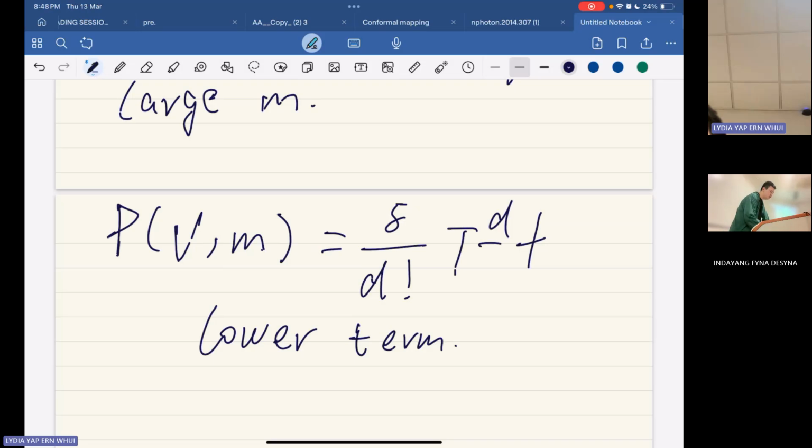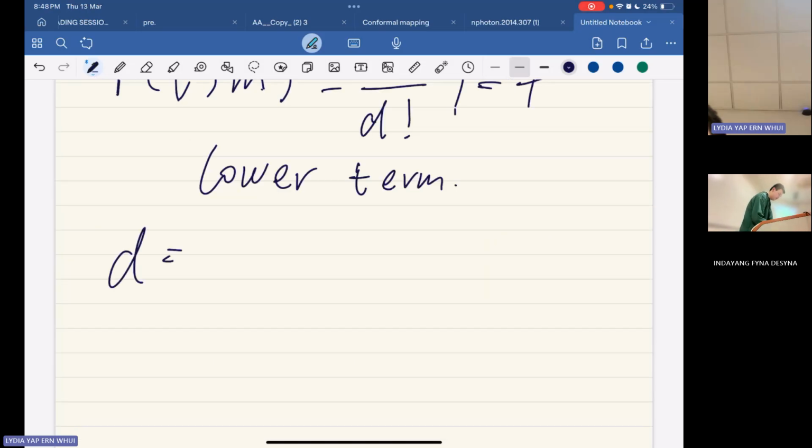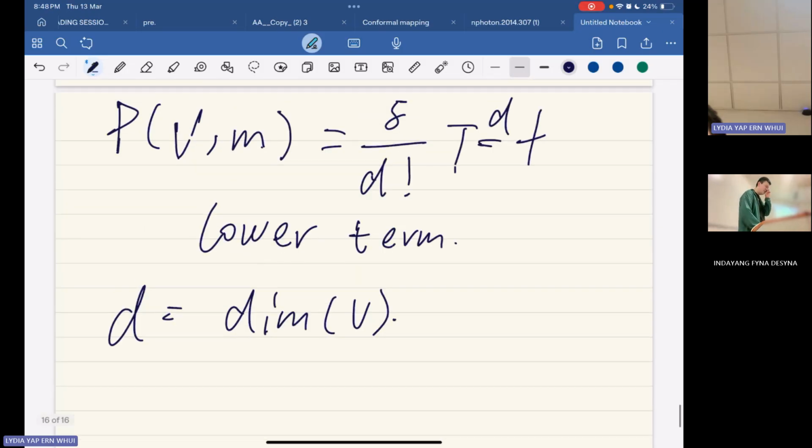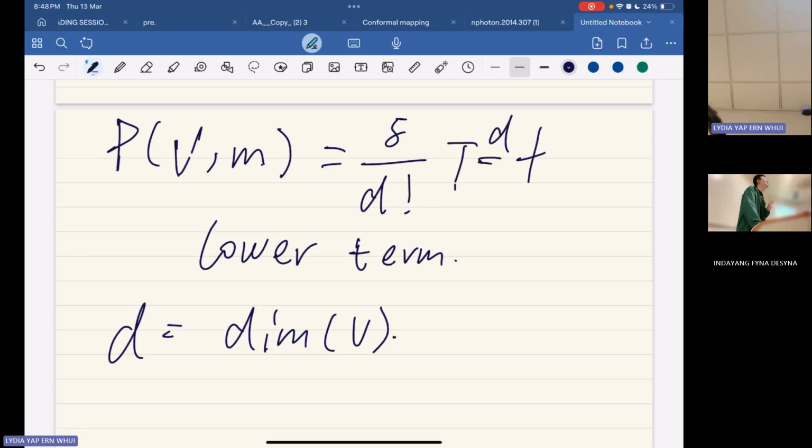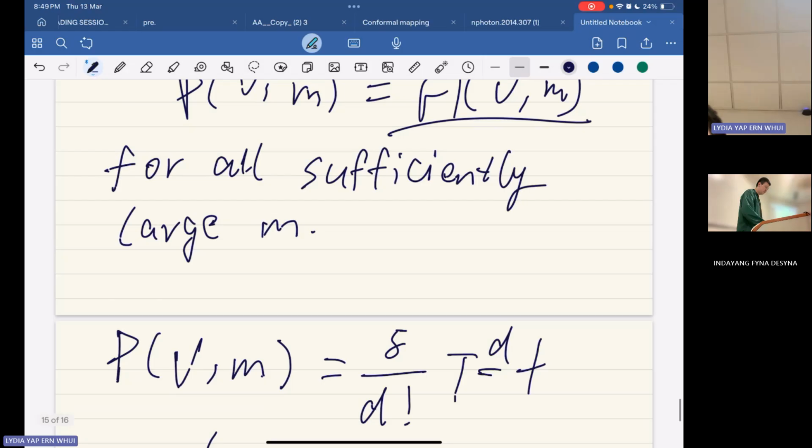And we can see that here this d is just the dimension of V. And the delta here is called the degree of the projective variety, but I do not really quite understand the definition of this degree. So we will not talk about this in this lecture.